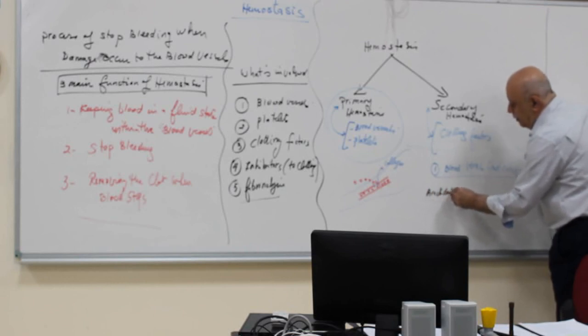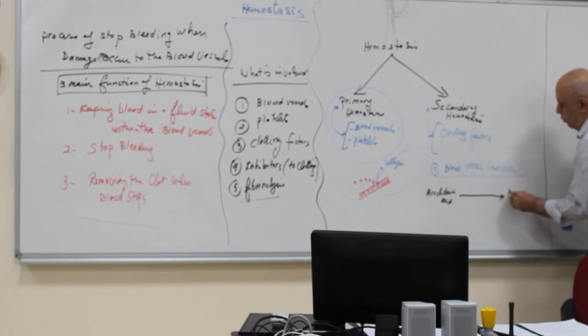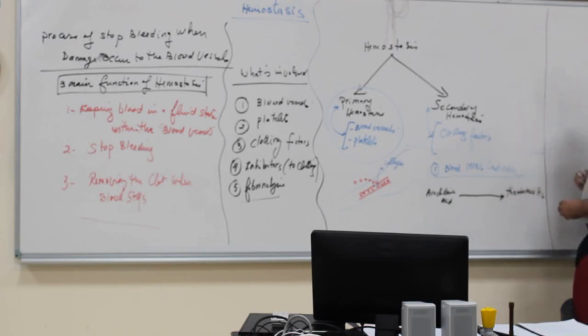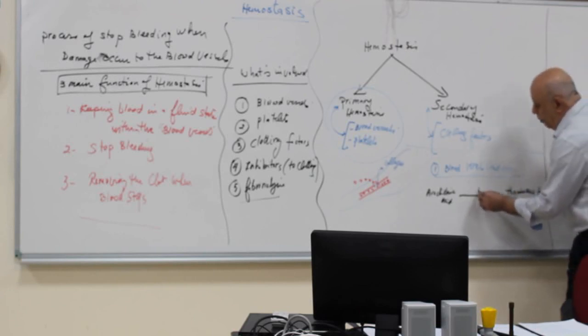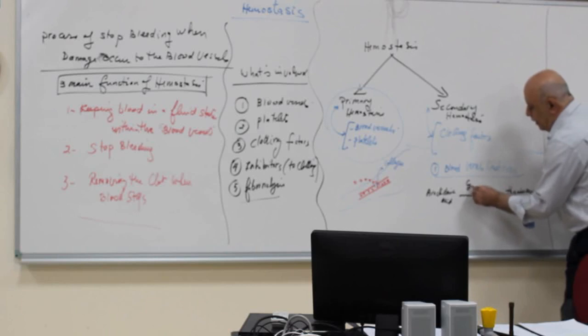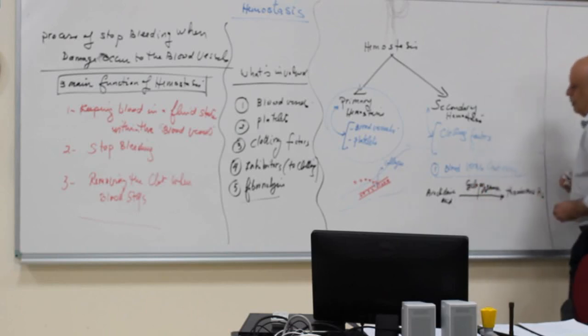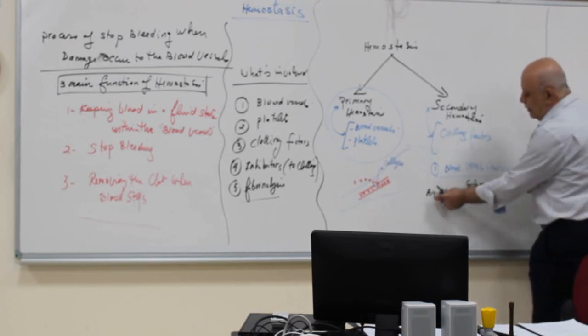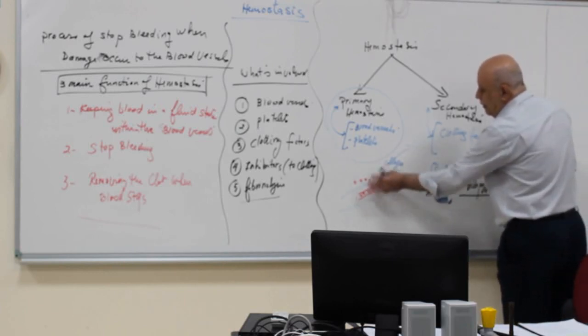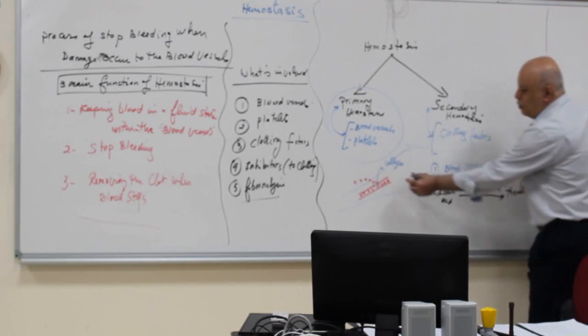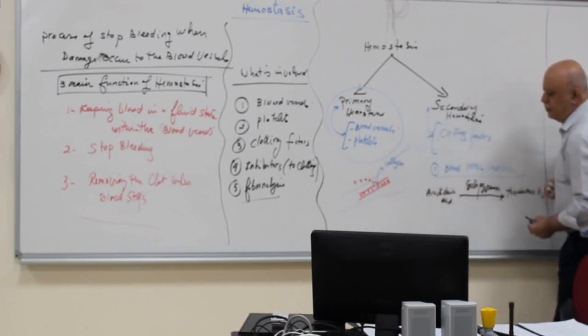Arachidonic acid is turned into thromboxane A2 by an enzyme called cyclooxygenase. This is inside the tissue of the blood vessels, inside the cells.